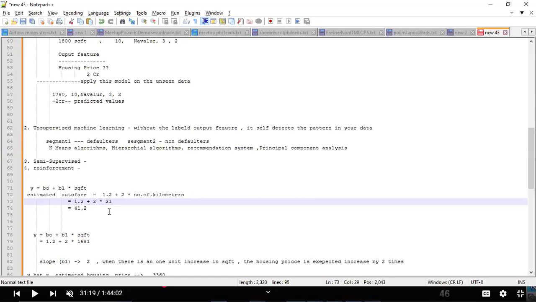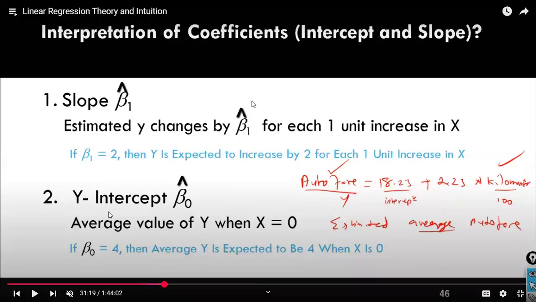When there is an increase of 1 unit of your independent variable, your estimated outcome variable y will increase by 2 times in this case. Even if it is 3 times, your y will increase accordingly. So estimated y changes by beta 1 for each 1 unit increase in x. If the slope is 2, then y should increase by 2 for each 1 unit increase in x.